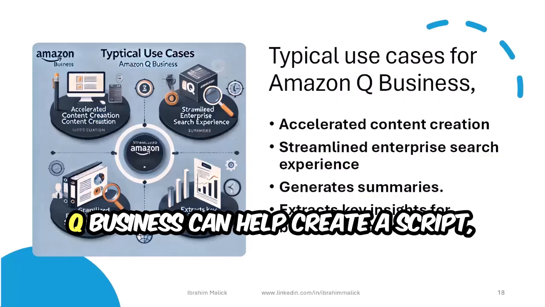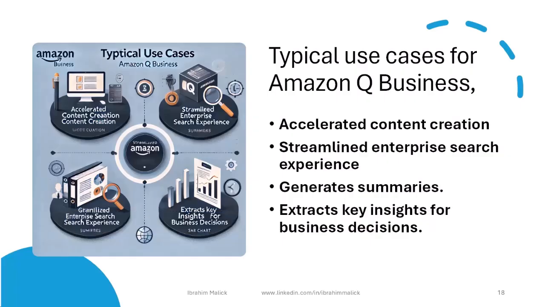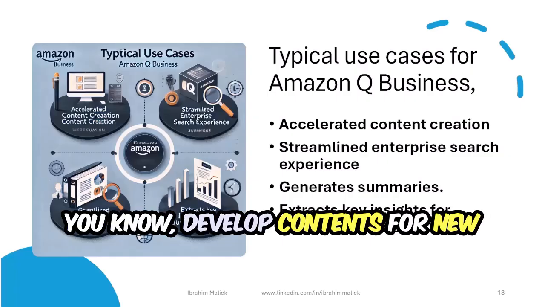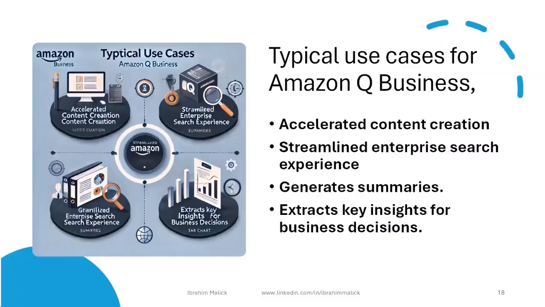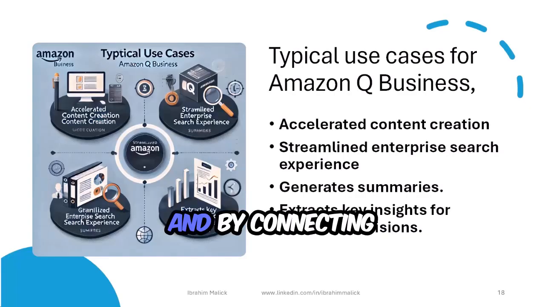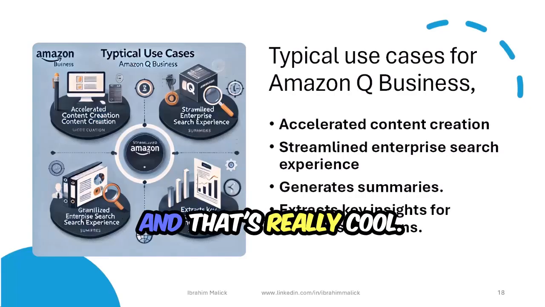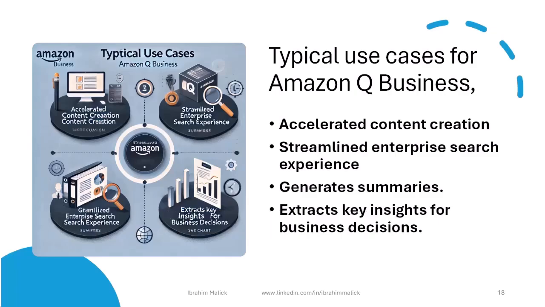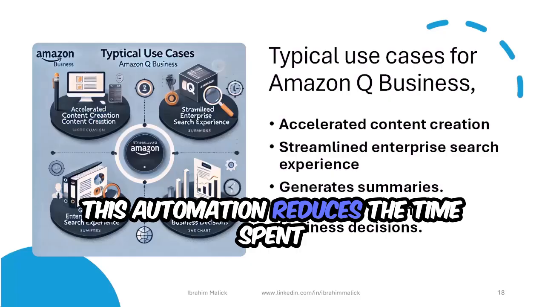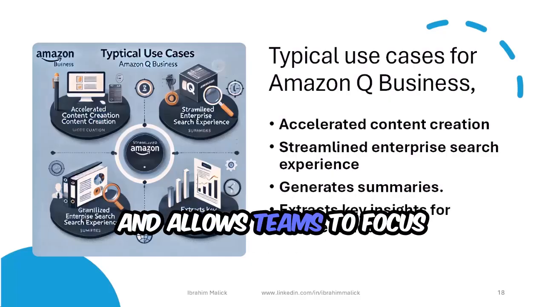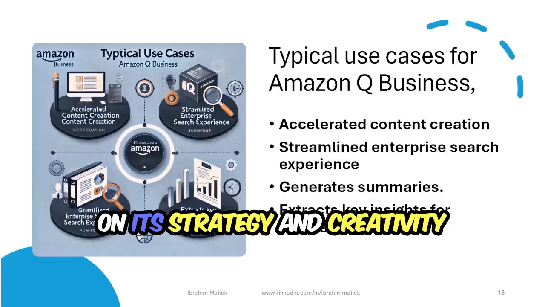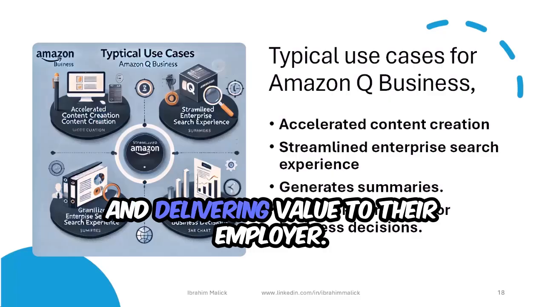And Q Business can help create scripts, develop contents for new projects, and generate detailed reports by connecting to multiple data sources, and that's really cool, right? This automation reduces the time spent on repetitive writing tasks and allows teams to focus on strategy and creativity and delivering value to their employer.